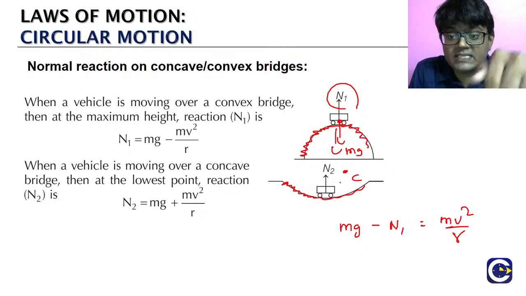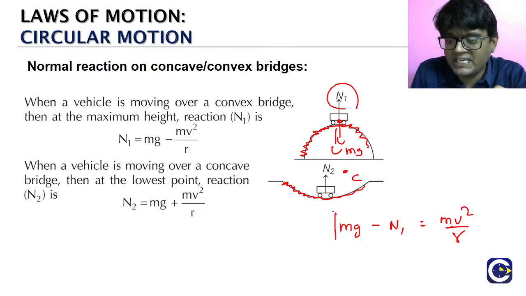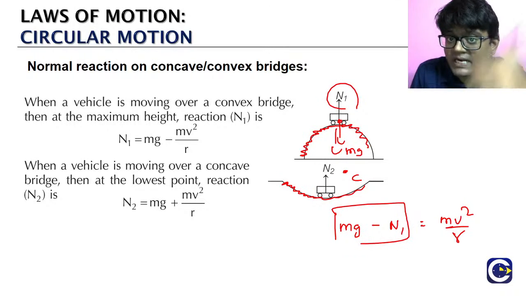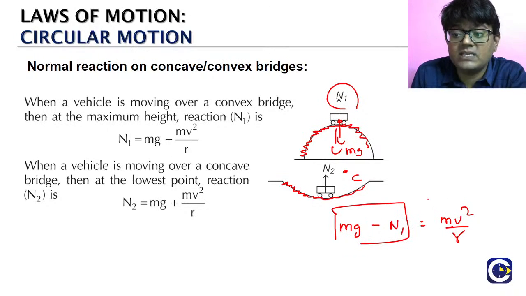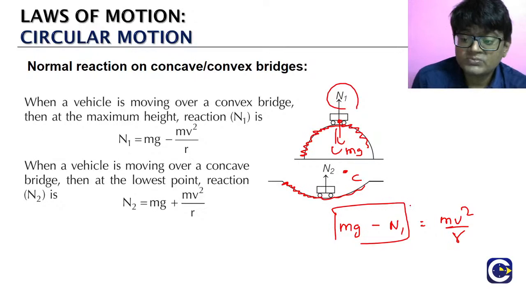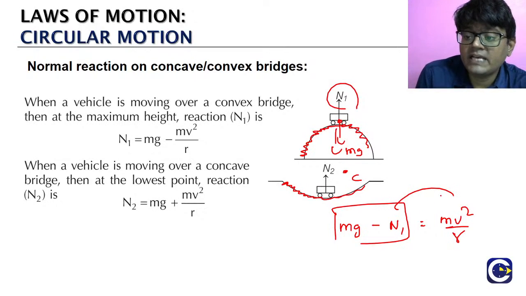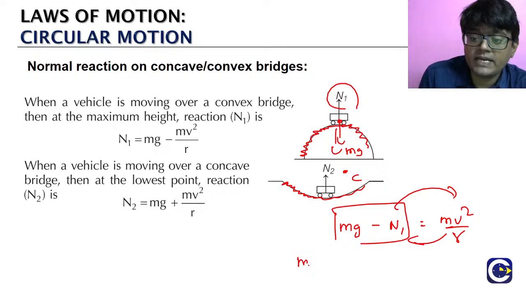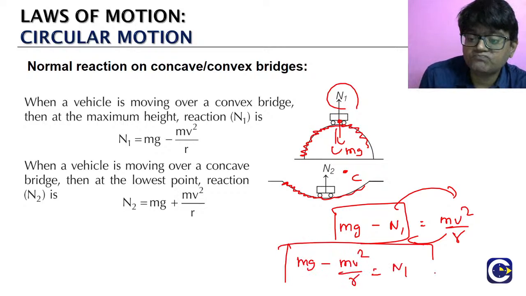We have to look at the net force towards the center of the circle. mg is down, normal reaction is up. So mg minus N1 is equal to mv square by r. We are looking for the normal reaction, so we can rearrange. What do we get? mg minus mv square by r is equal to N1.